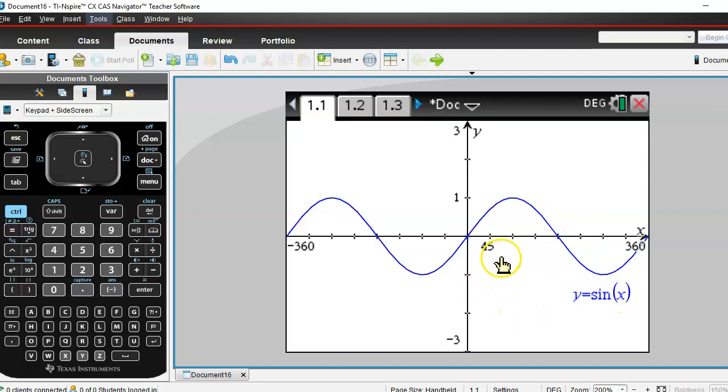Okay, so we can see we've got two cycles, or periods as we call them. So one period in our sine graph is 360 degrees. Now we have something else that we'll talk about. It's the amplitude. That's like the height. Here in our sine graph, we compare it to the mean value.